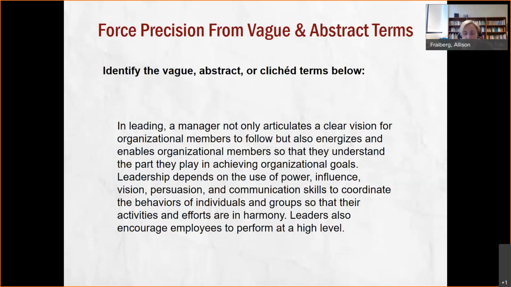Now, that is a paragraph that is full of vague terms and abstractions. I wrote that, by the way. And I wrote it to be something that's really full of vague terms. And it's hard to really get a sense of what's trying to be communicated here because everything's so vague.